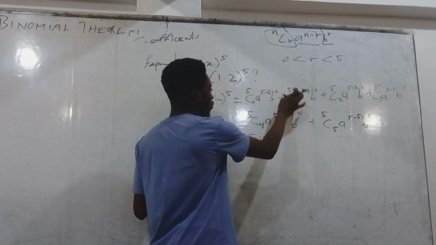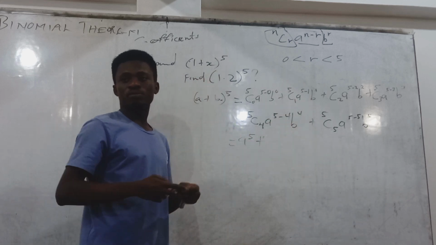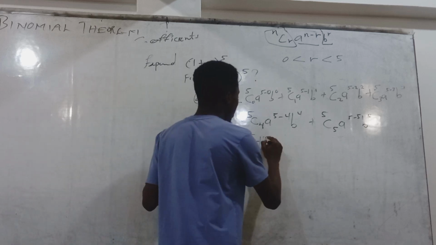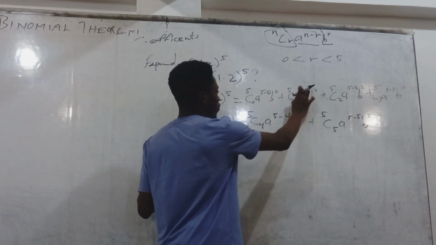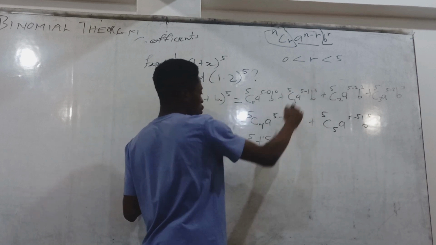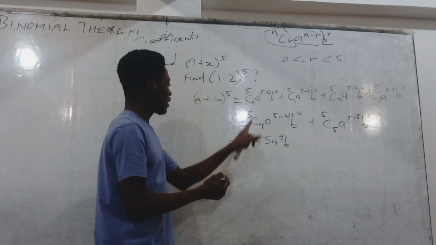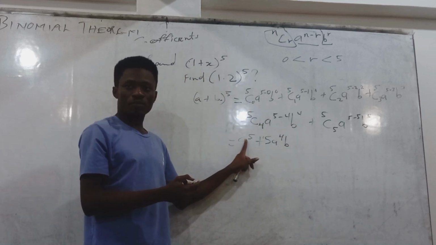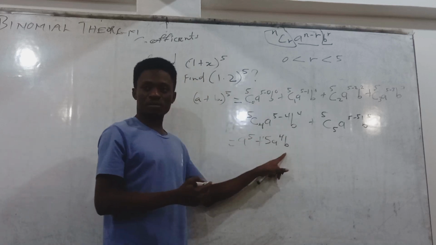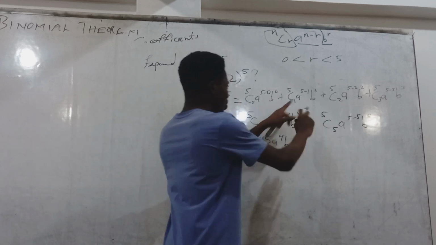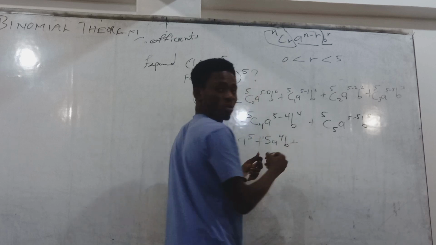Plus 5 combination 1, which is 5. 5 minus 1 is 4, so a will be to the power 4, then the b will increase. I said the a takes the first power in the first term, so as the next term comes, a reduces by 1 and b increases by 1. You don't even need the combination, you should know.